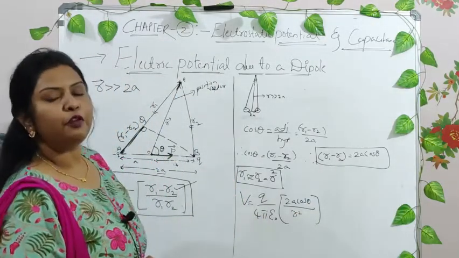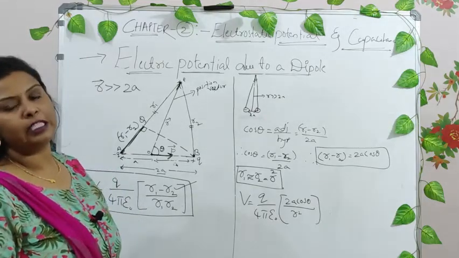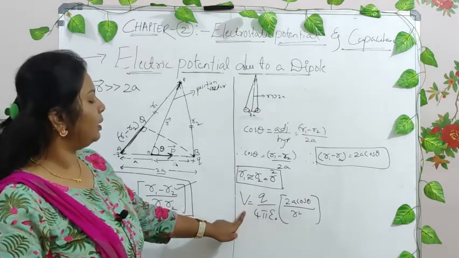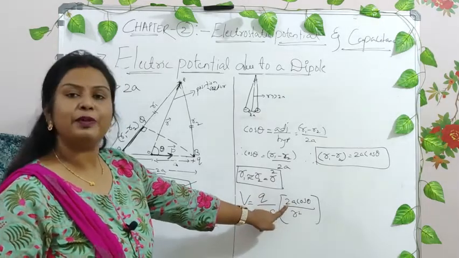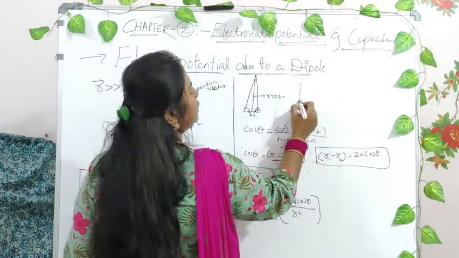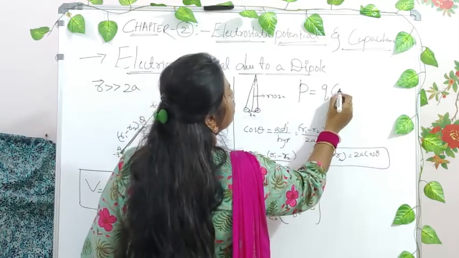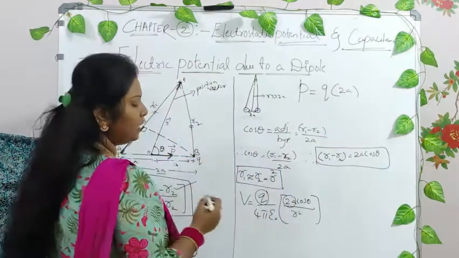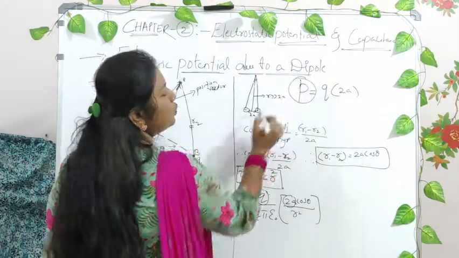Now if you remember, how is the dipole moment defined? A dipole moment is the product of the charge and the distance between the charges, that is Q and 2A form the dipole. You have here Q times 2A. Instead of writing Q2A, you can substitute the dipole moment.